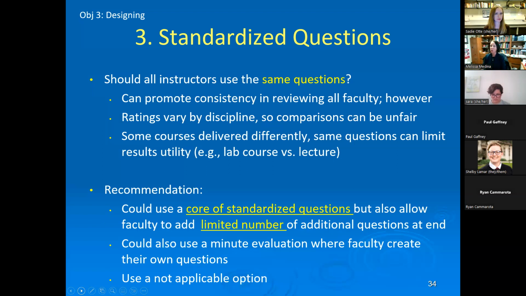One option is to use a core set, but allow faculty to add additional questions, or to go back to what we talked about earlier, this minute evaluation or the mid-semester evaluation, where faculty can just create their own questions, but there's also a formal course evaluation. I'd also strongly advocate for using a not applicable option as one of your answers, so that if it doesn't apply to your course, students don't have to rate it.